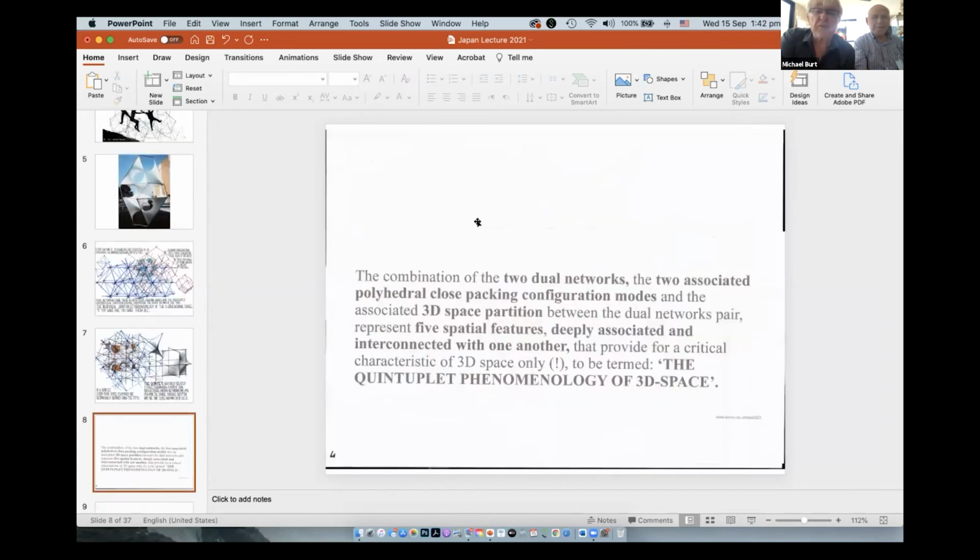The combination of the 2 dual networks, the 2 associated polyhedral close packing configuration modes, and the associated 3D space partition between the dual network pairs represent 5 spatial features deeply associated and interconnected with one another, that provide for a critical characteristic of 3D space only, to be termed by me the quintuplet phenomenology of 3D space.